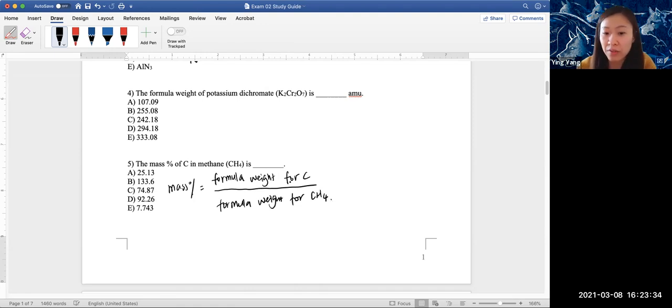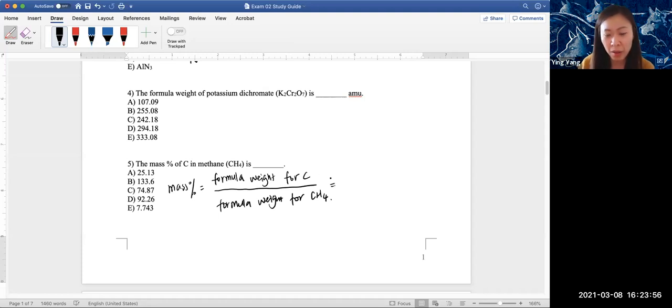You already know how to find the molecular weight, formula weight, and just use this equation to find the mass percent of carbon. Here, you can also use molar mass because molar mass and formula weight are numerically equal. It's just the unit that is different.